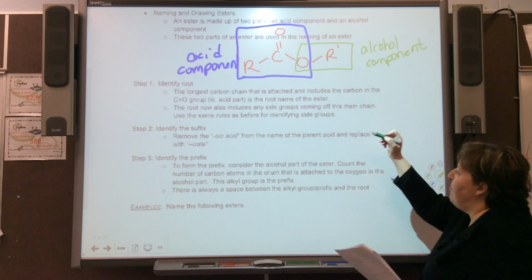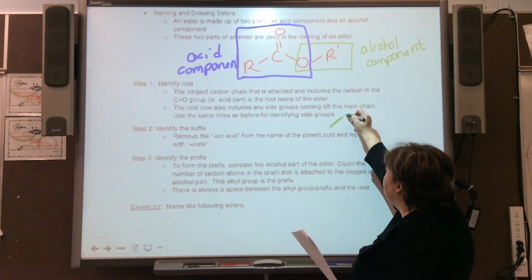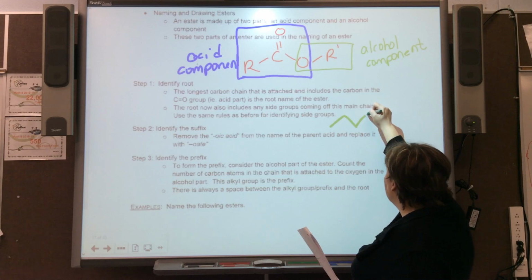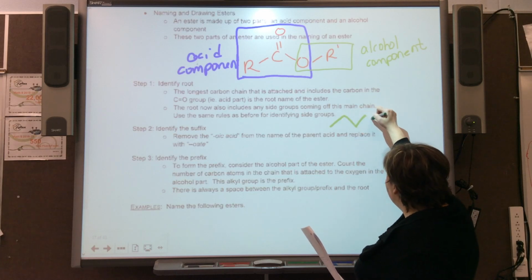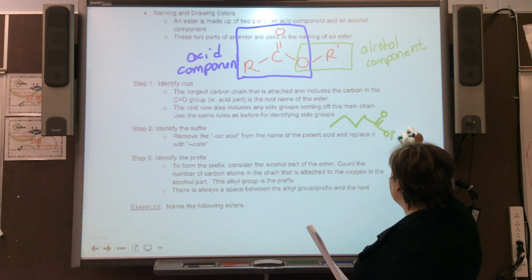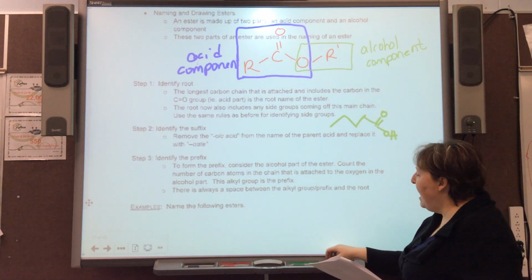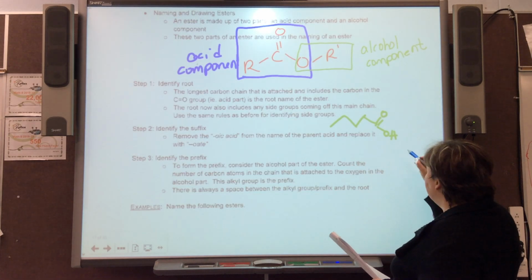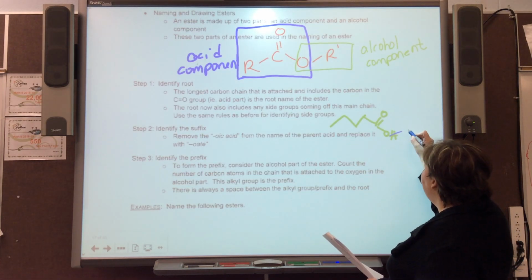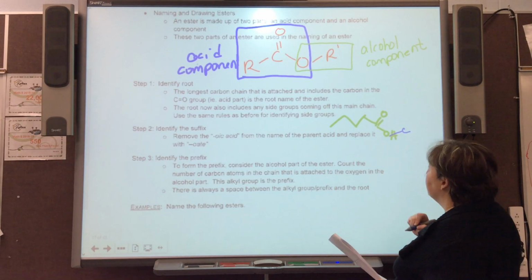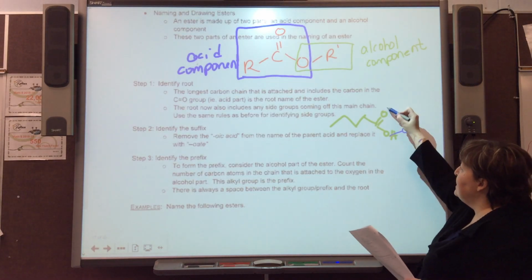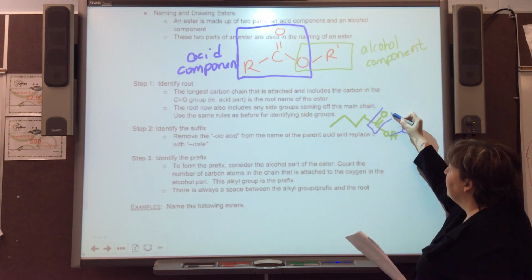So if we were looking at pentanoic acid, which is 1, 2, 3, 4, 5 with the double bonded O, and then our OH, right? Now, instead of this H, we're going to have another carbon group. But this starts our numbering.